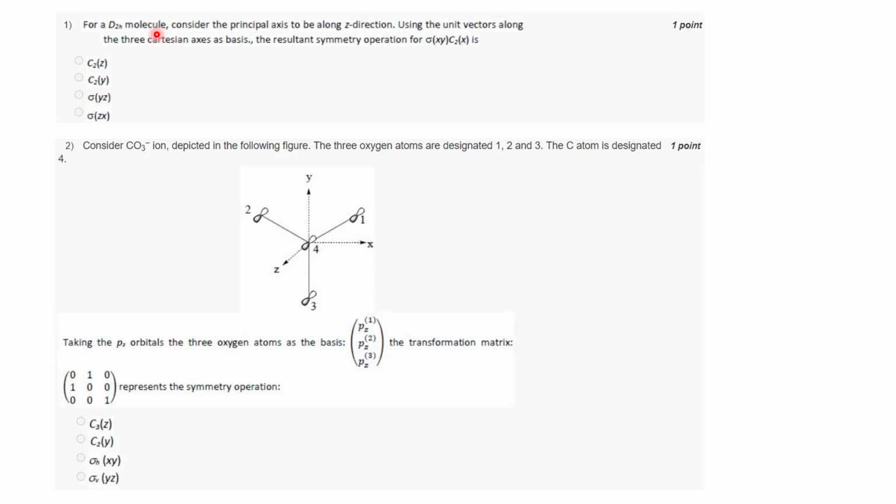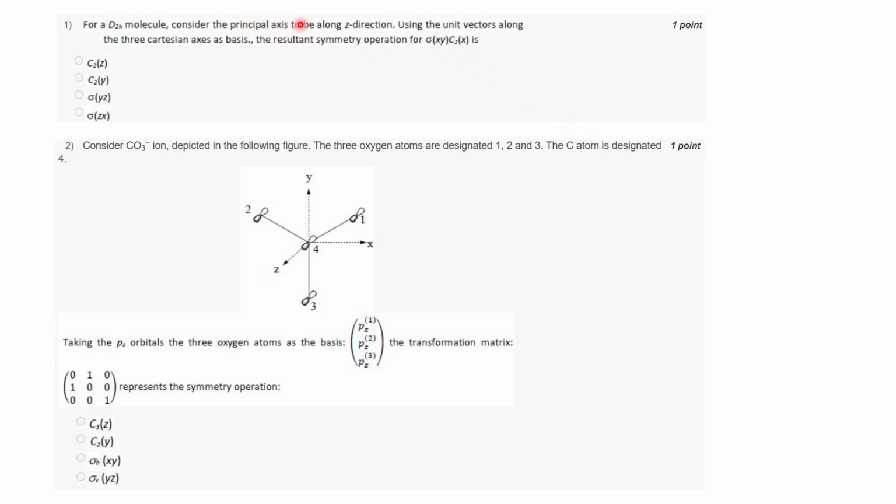C2H4 means ethene. If it is ethane, then no, it is C2H6. It is ethene. So that is a D2h molecule.